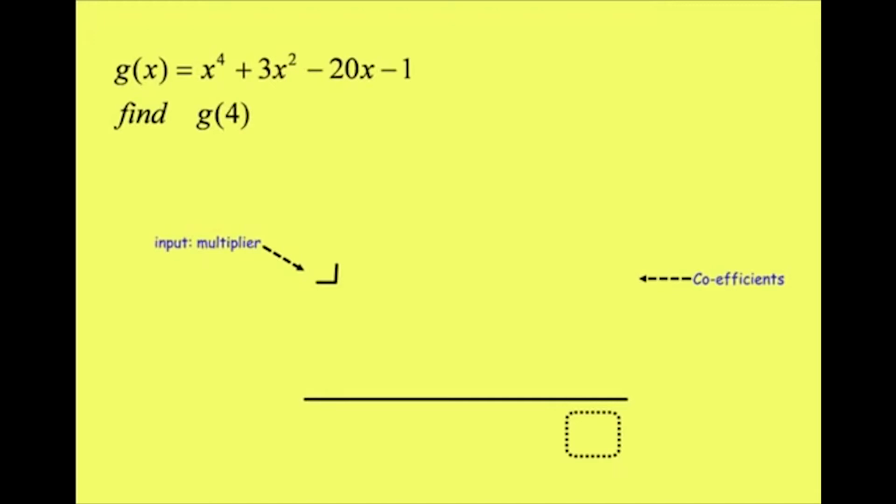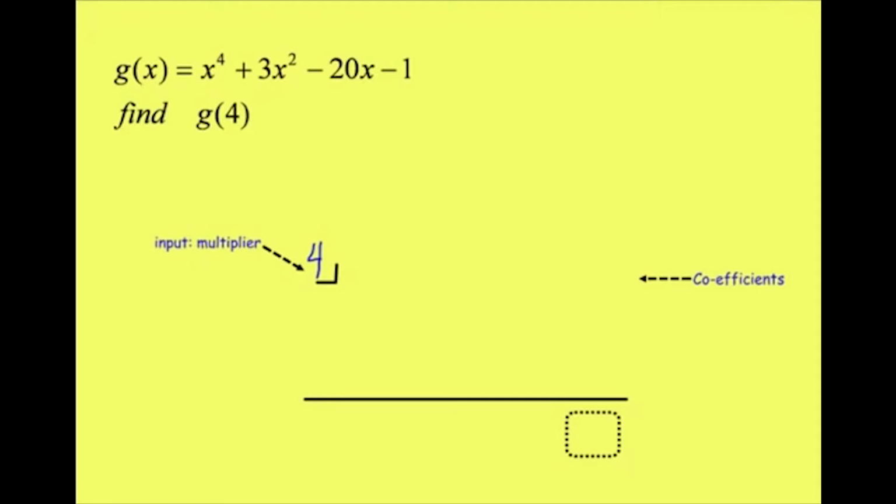So we have g of x equals x to the 4th plus 3x squared minus 20x minus 1. The instructions here say find g of 4. 4 is our input, so that's the value that's going to go in the box as our multiplier number.